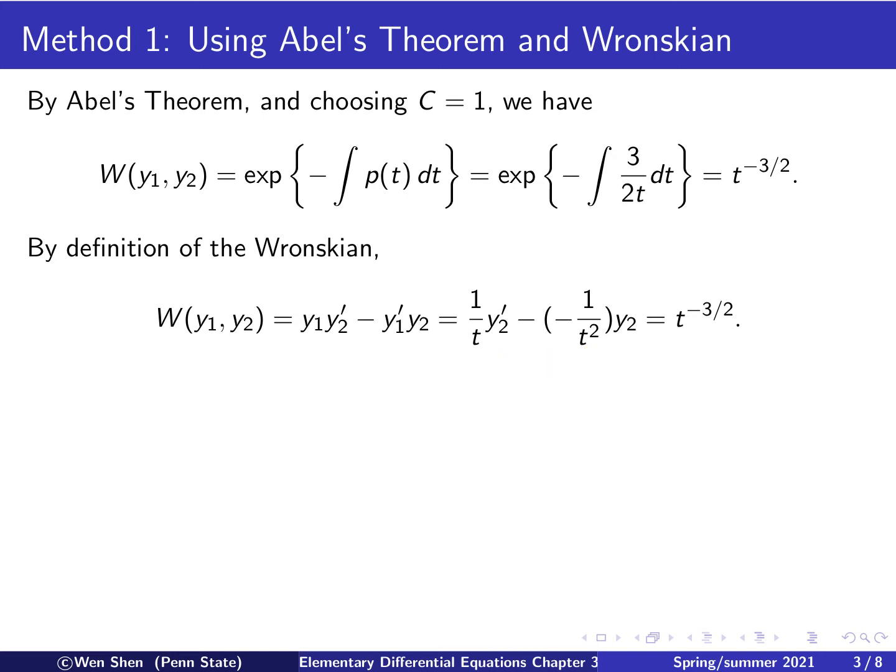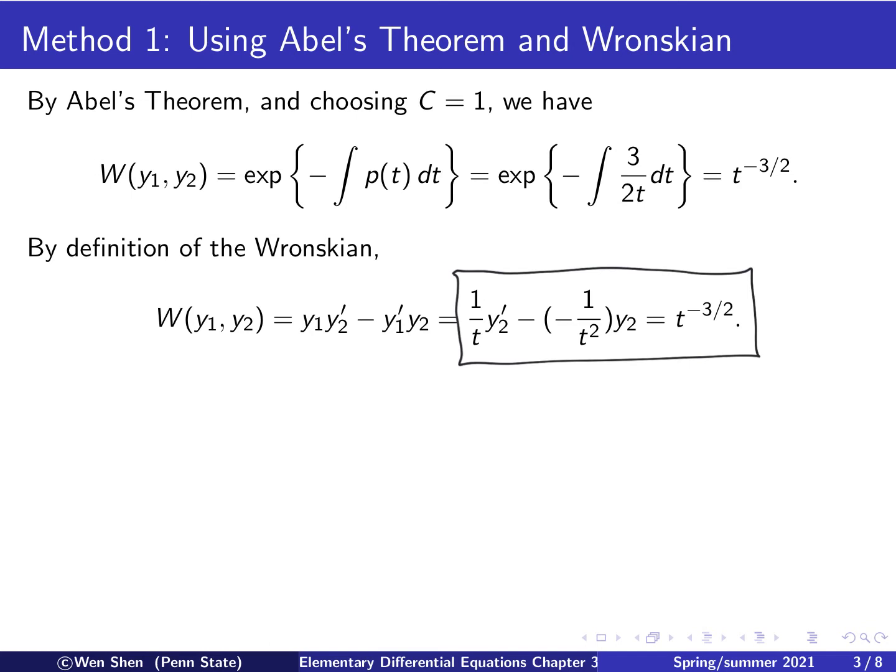So this is another formula for the same thing, the Wronskian. They must equal each other, and therefore we have this equal to t to the power negative 3 over 2, and we see that this now is an equation for y2.